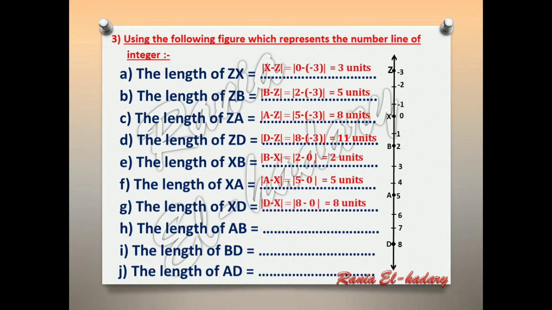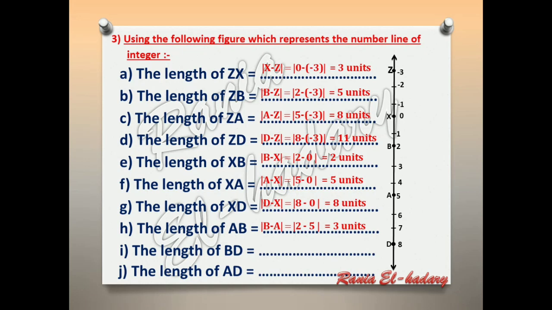Letter H, the length of AB equals the absolute value of B minus A. B minus A, 2 minus 5, equals negative 3. So I take the absolute value. The answer is the absolute value of negative 3, which equals 3 units.